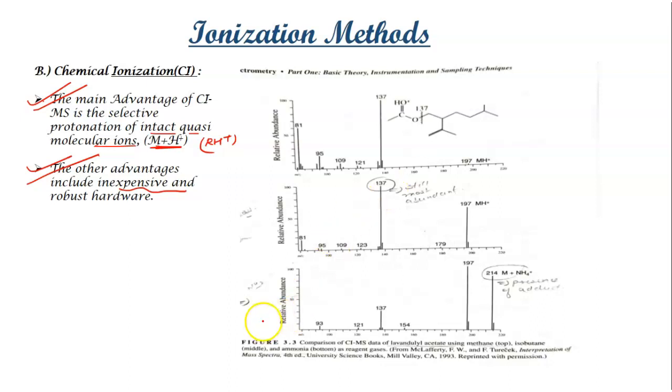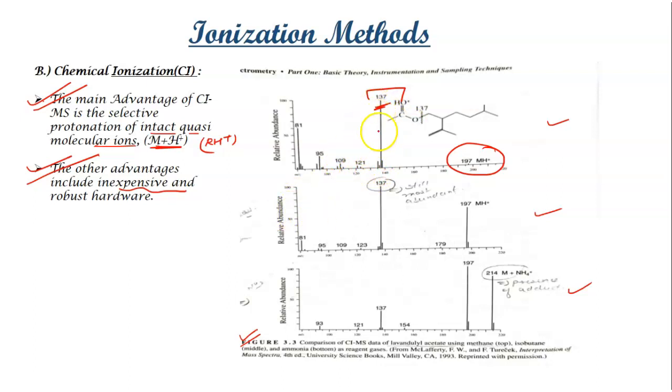And in this particular slide you can see that we have been provided with the spectra of lavendulyl acetate. There are 3 different spectra of the same compound, where different reagent gases have been used. In the top spectrum, the protonated molecular ion of lavendulyl acetate, this one, is barely visible, and the largest peak belongs to the fragment with mass by charge ratio 137.